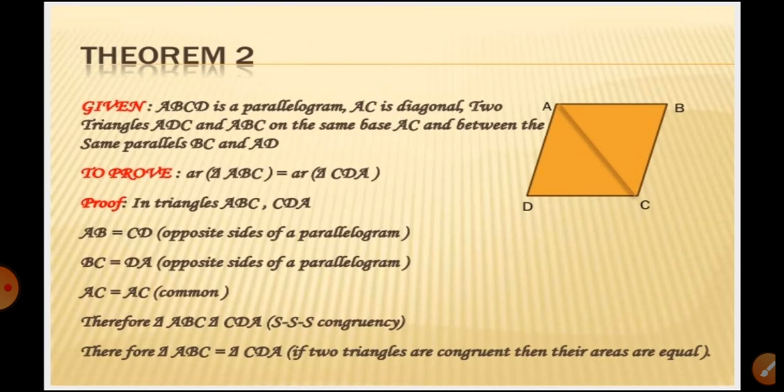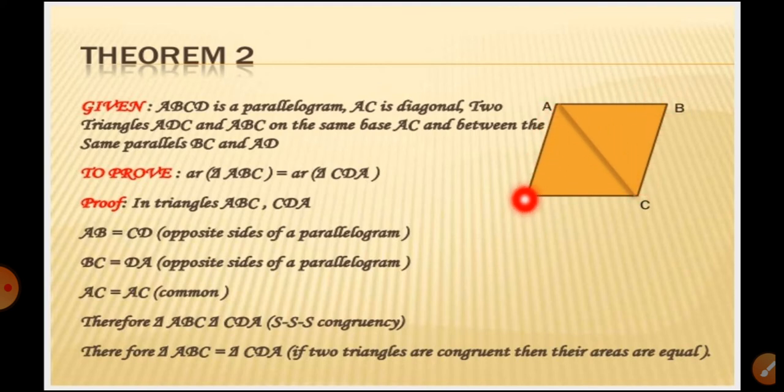Now, theorem number 2. Given ABCD is a parallelogram, AC is a diagonal. Two triangles ADC and ABC on the same base AC and between the same parallels BC and AD.